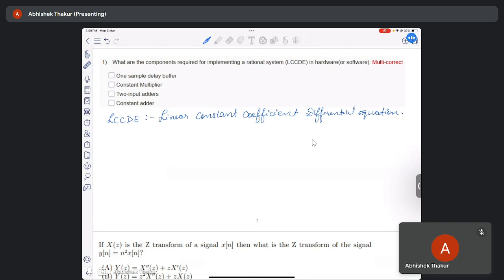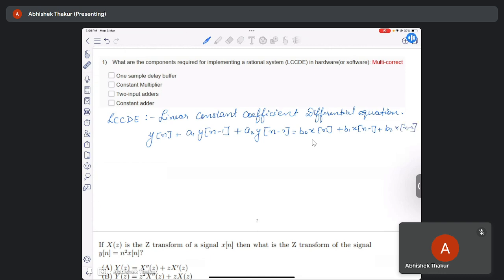Such types of equations have difference terms and some constant coefficients. Constant coefficient means we can write like this: y of n plus a1 y of n minus 1 plus a2 y of n minus 2, and b0 x of n plus b1 x of n minus 1 plus b2 x of n minus 2.